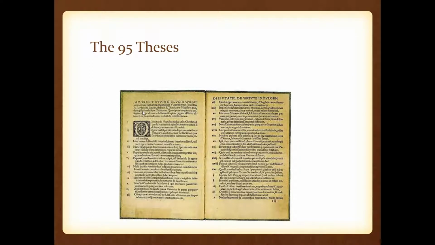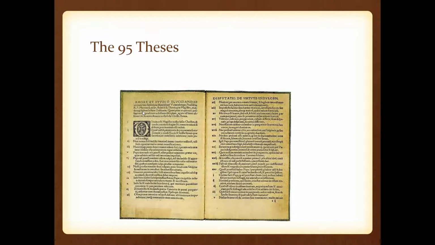So what Martin Luther does is he is extremely upset with the way that the church is operating. He doesn't agree with church theology. He doesn't agree with their interpretation of the Bible. And so what he does is he writes out 95 theses. And these theses are basically dialectics. So it is saying, if God is this, then this must be true. If this is true, then this must be true.